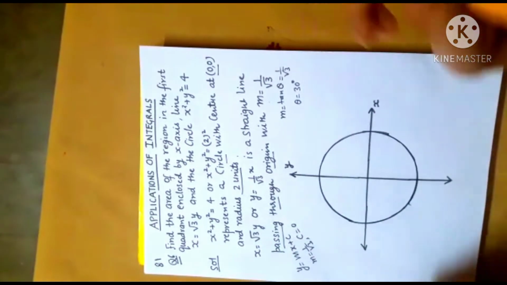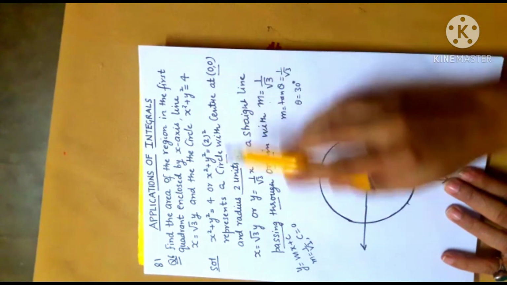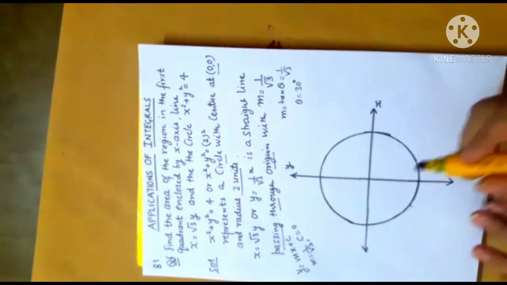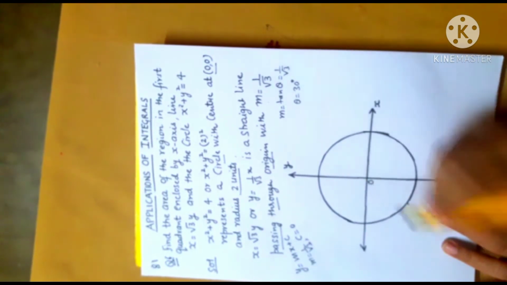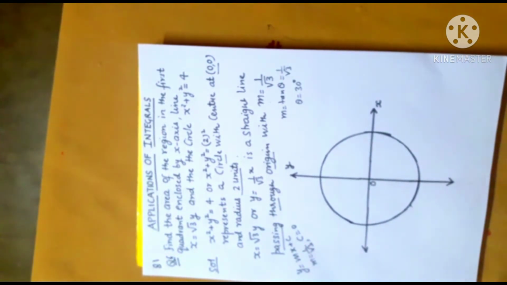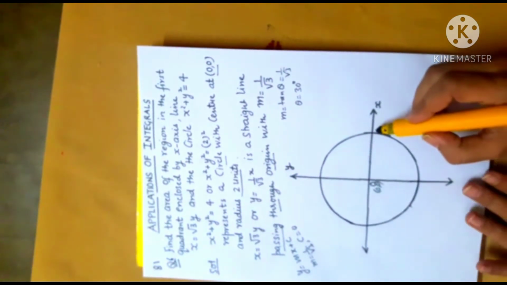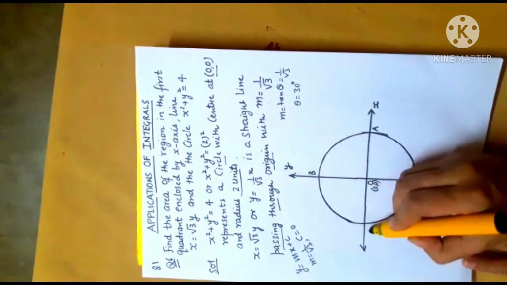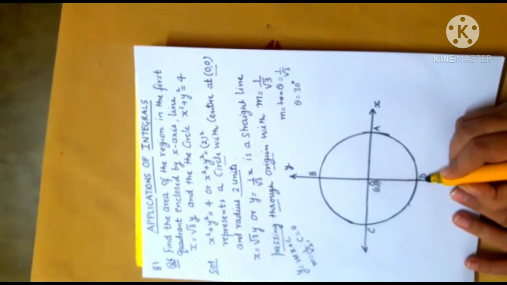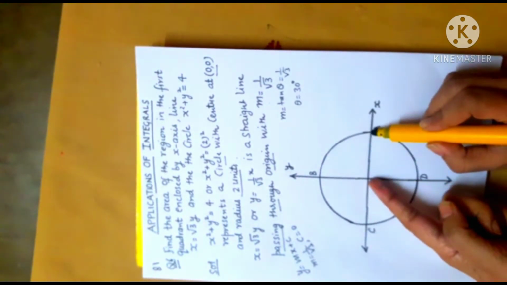So now let's draw the figure. First I'll draw a circle with center at 0, 0 and radius 2 units. So I have drawn a circle whose center is at origin, that is at 0, 0. Right? Let this point be A, this be B, this be C and this be D. Radius of the circle, that is this distance, is 2 units.